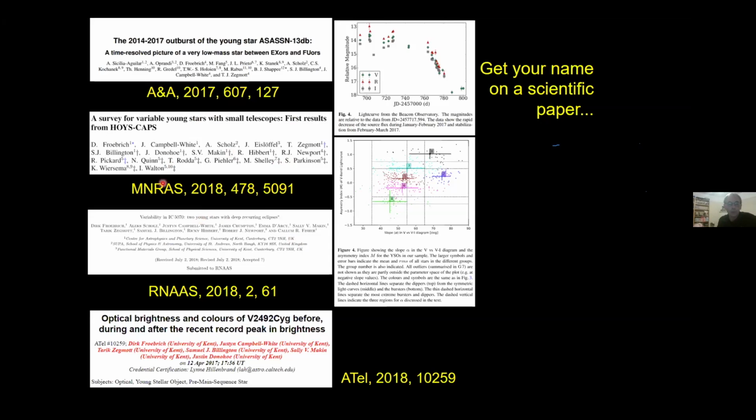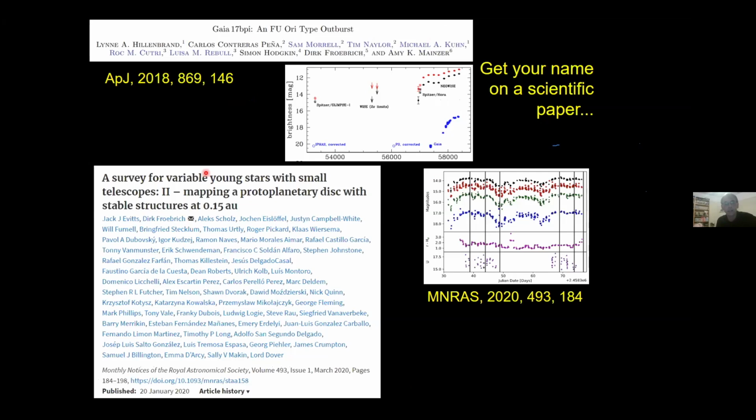This was the first one about the survey, starting from Roger Pickard, who some of you might know. These are all the amateur astronomers who have contributed data. There's a second page with 2 more papers. That's the one about that star I just explained to you, V1496. Everybody after Brinkford-Stecklum is an amateur astronomer. So there might be some people you know on that list who have contributed data.